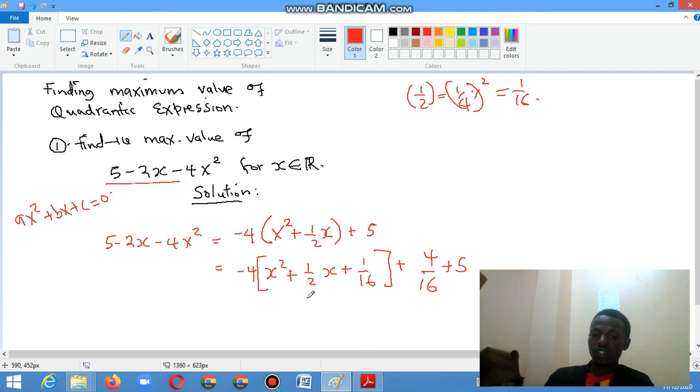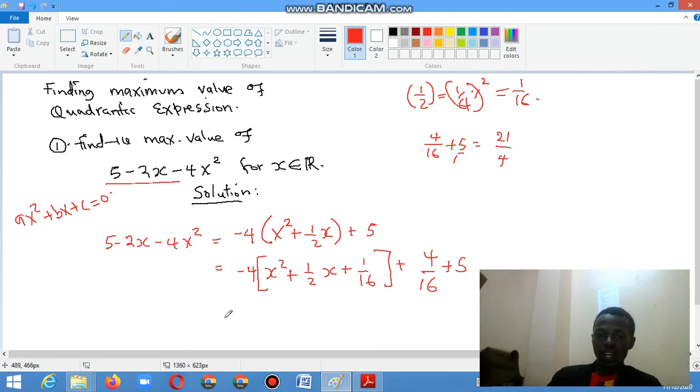Is it okay? So from this point I can compute this. If I have 4 out of 16 plus 5, I think it will be 21 out of 4. You can check using that calculator of yours and tell us.